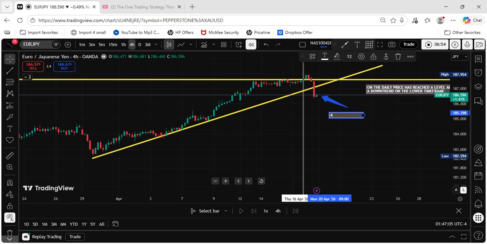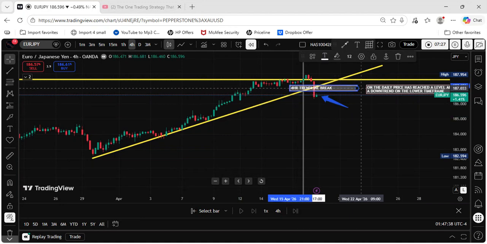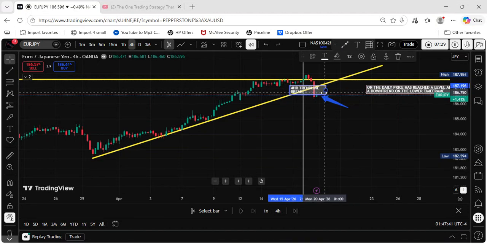Say 4 hour trend line break. So guess what that means on the next time frame or the next two time frames, you should see the break. I really want to put that right there. Trend line break.